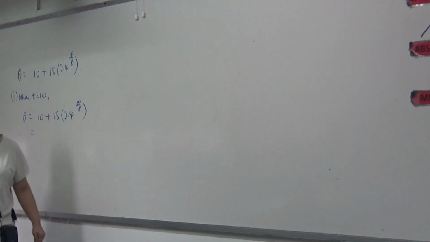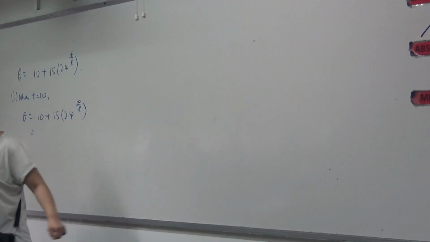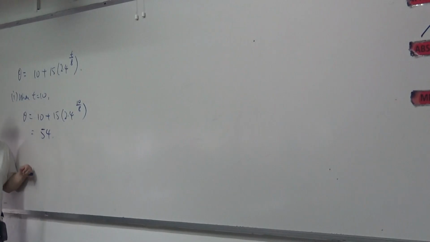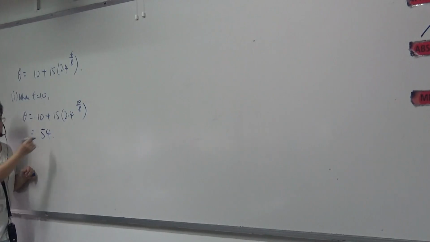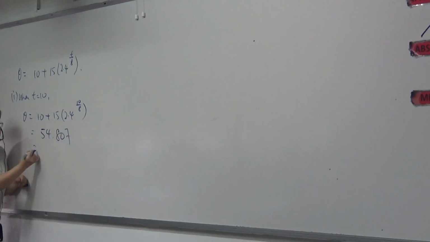I want everybody to key in the calculator because you must practice how to key the calculator. You need to find figure from K first, in case you need it in the next part. 54.807.